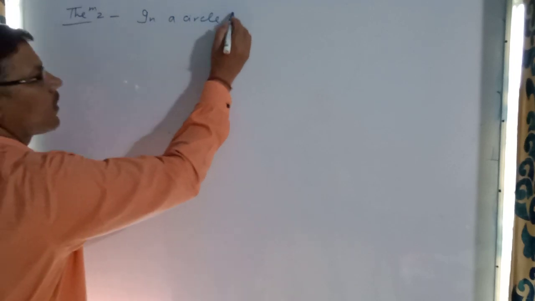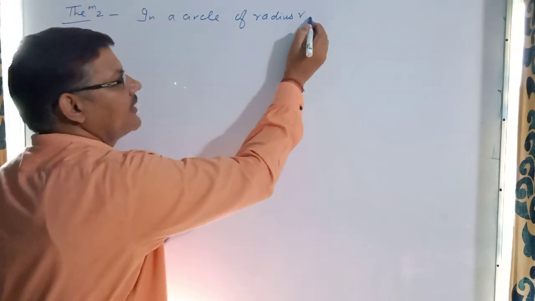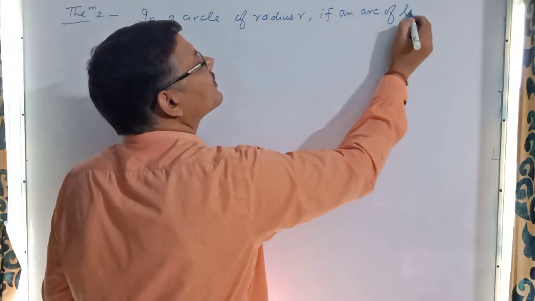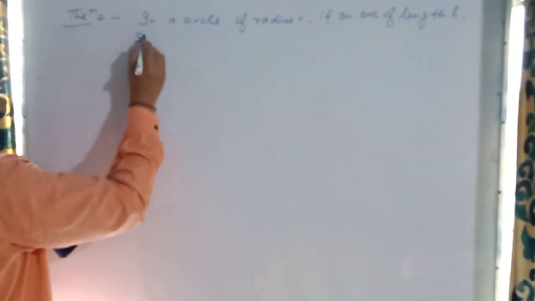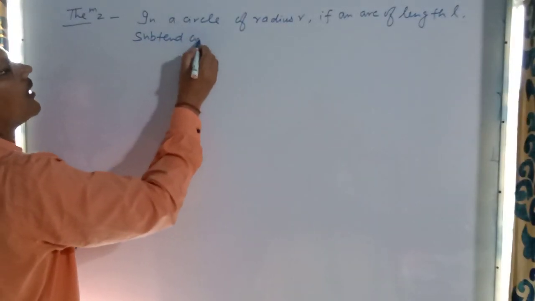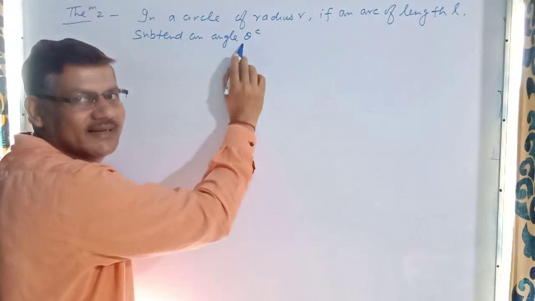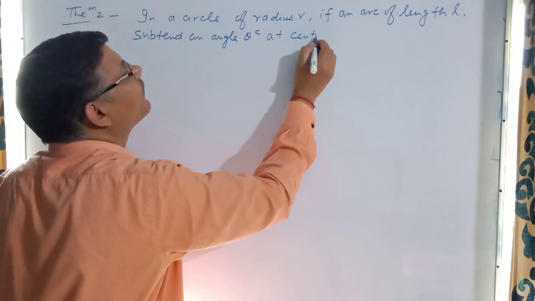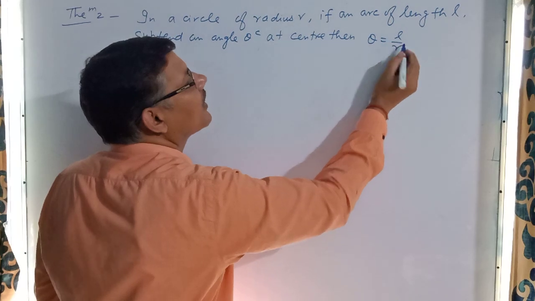Now theorem number 2 is: in a circle of radius r units, if an arc of length L subtends an angle theta radian at the center, then theta is equal to L by r.